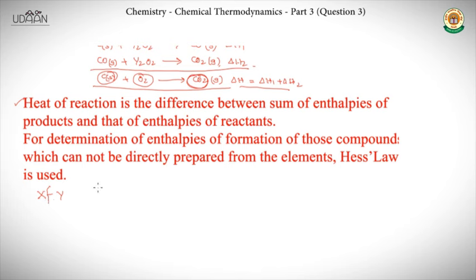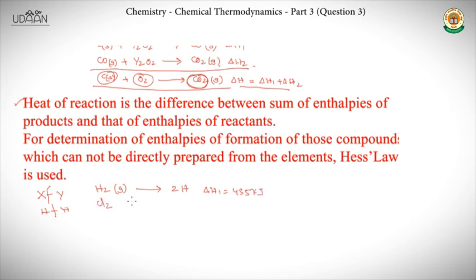They gave that for hydrogen gas, when we are breaking the hydrogen molecule into two atoms, the energy required is delta H1, equal to 435 kilojoules per mole.